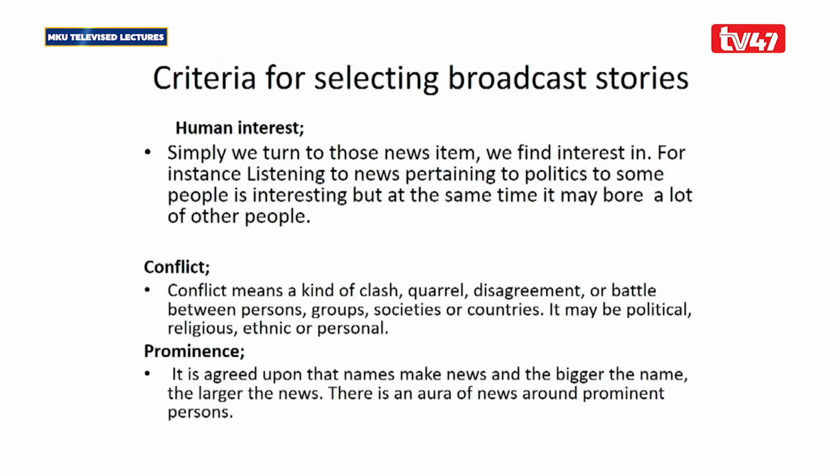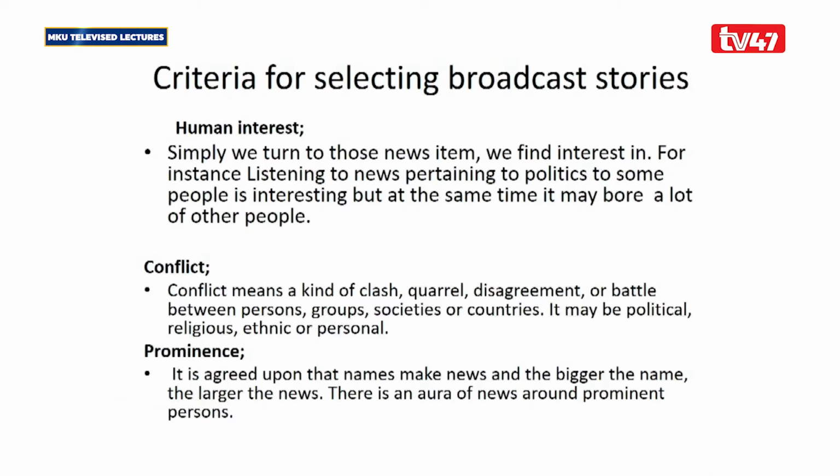So next is prominence. Prominence simply revolves around the level or rank of a given member in the society. For example, the president is more prominent than an MCA, and an MCA will be more prominent than, probably, a teacher, and the like.